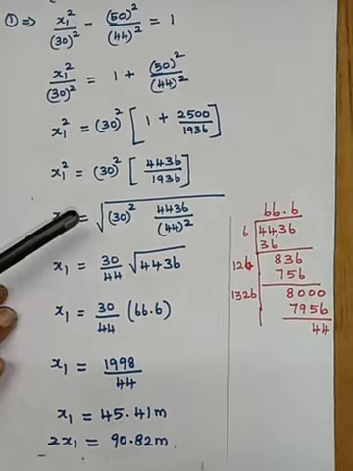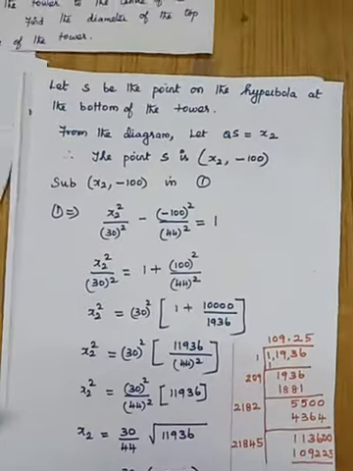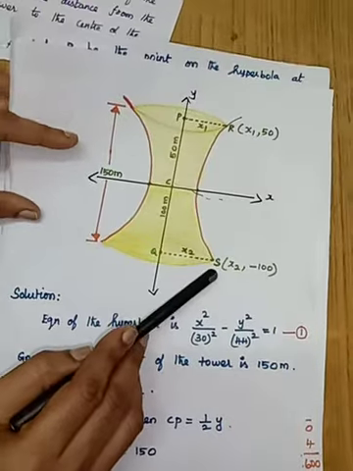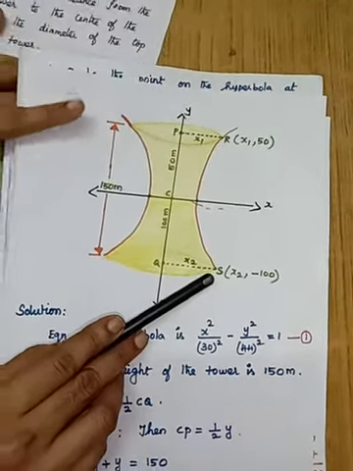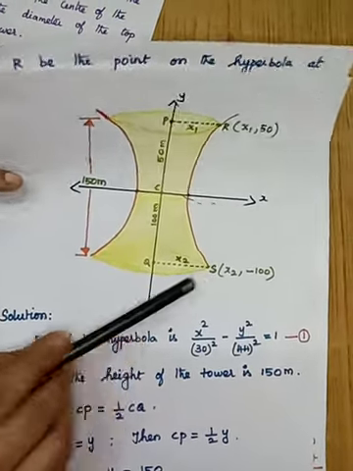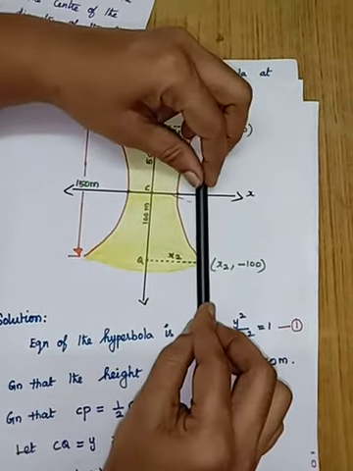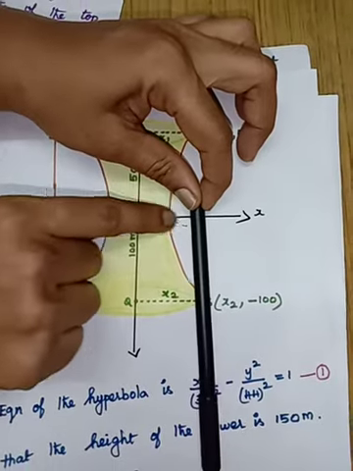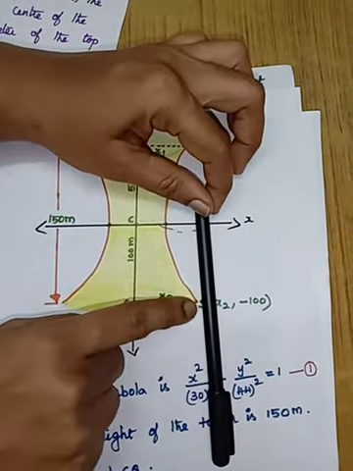In the same way, we have to find the diameter of the base of the tower. For that, I am going to take a point S on the hyperbola, which is at the base of the tower. We have to write the coordinates of this. If you draw the perpendicular from S to the x-axis, the horizontal distance is QS.